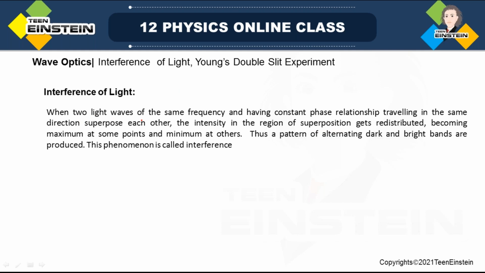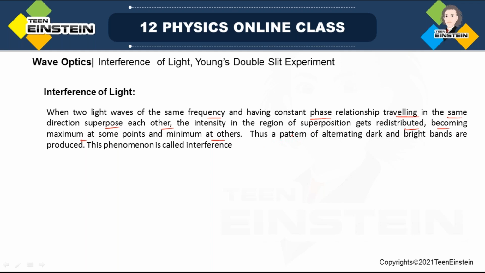When two light waves of the same frequency and having constant phase relationship travel in the same direction and superpose each other, the intensity in the region of superposition gets redistributed, becoming maximum at some points and minimum at other points.